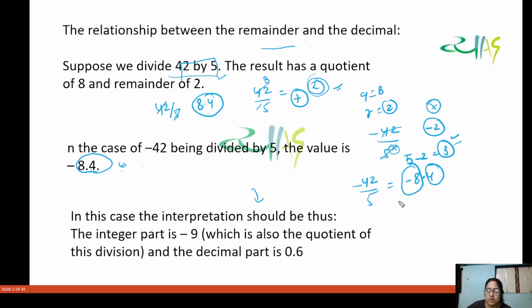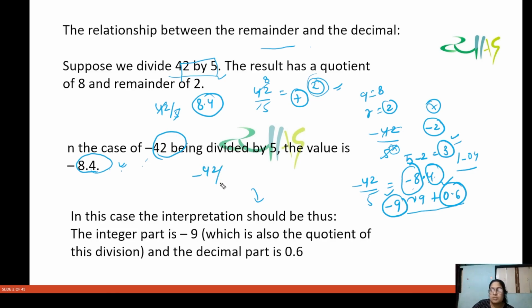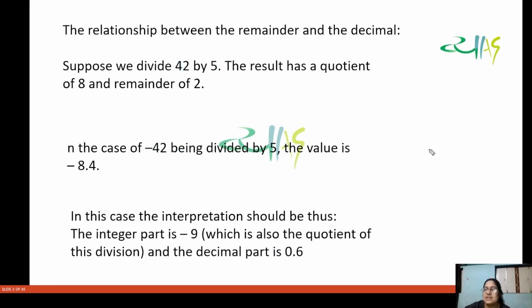So what you will get is minus 9 as the quotient part and the decimal part will be 0.6, because you have to subtract this from 1. So if minus 42 is divided by 5, the decimal part will not be minus 0.4, it will be 0.6, and the quotient part will be minus 9. Try to remember this concept that the decimal is never negative.